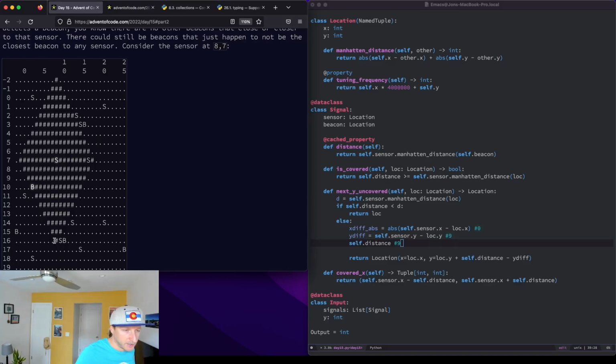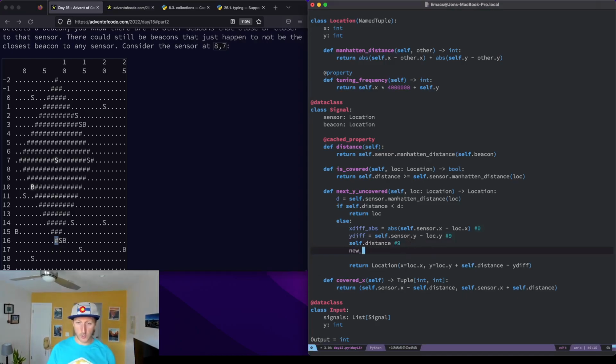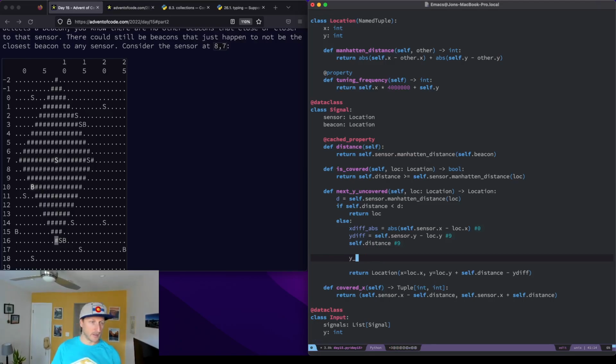So that's going to be plus 18 plus 1. So we need to do new y equals, or the y factor is going to be the self.distance minus the y diff. But we also have to handle the x diff. So we're going to add 1.